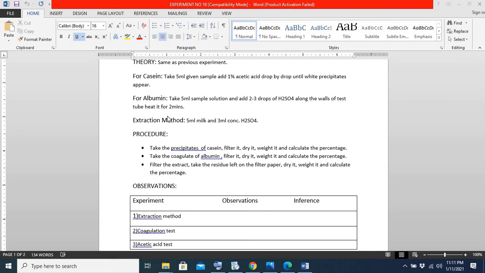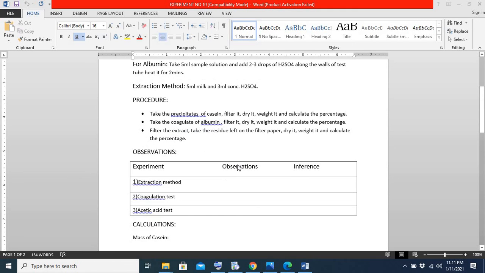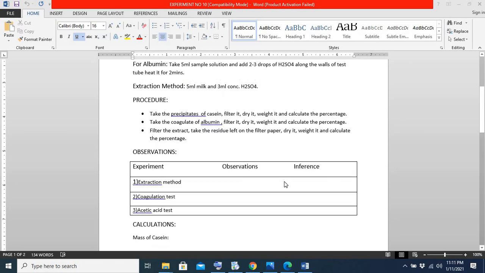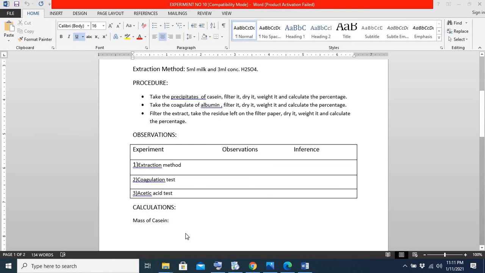We separate the precipitate, first filter it, then dry it, then weigh it, and after weighing we apply the formula of percentage to calculate the percentage, and then write in our results what percentage of albumin protein we found in the given milk sample.